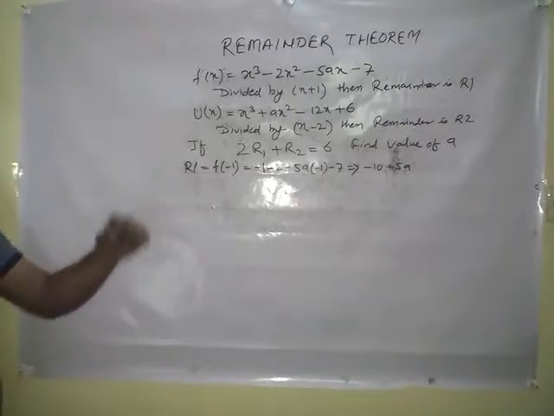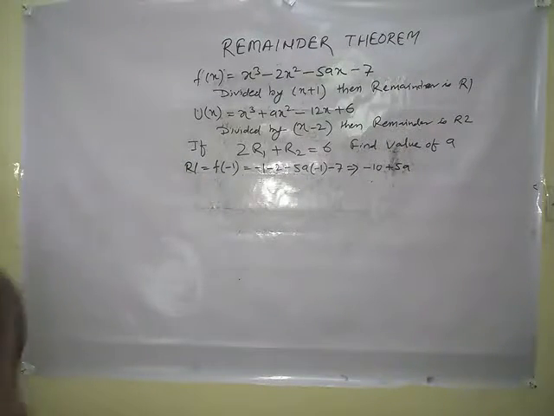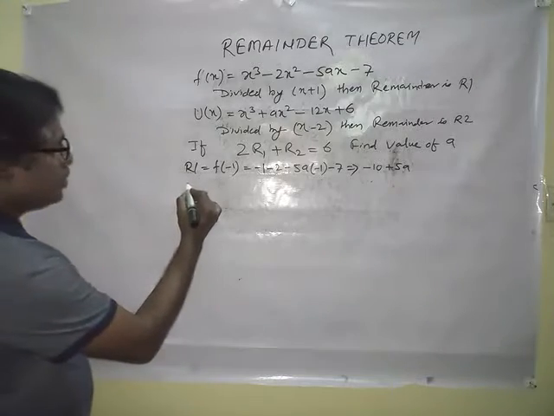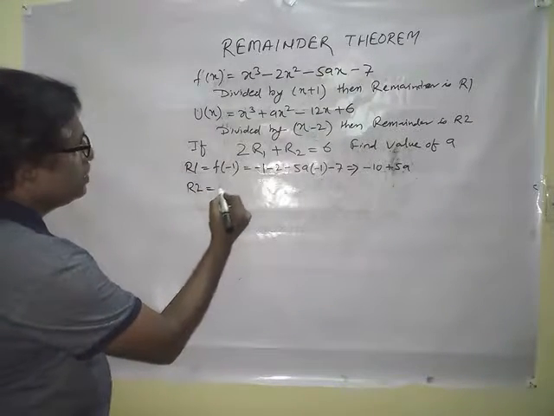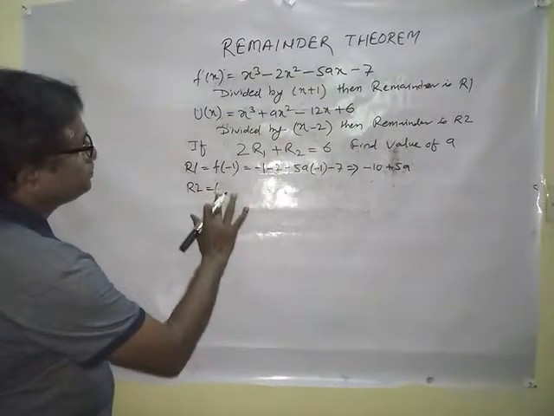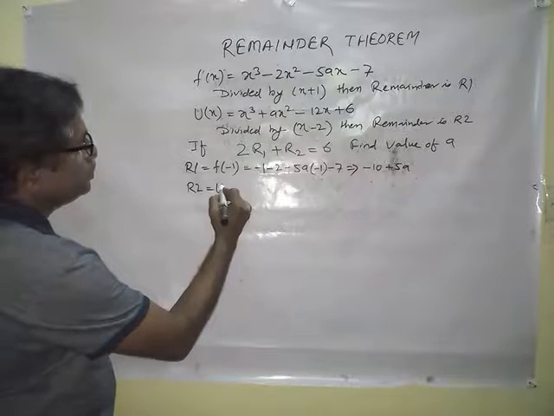So this is one equation. You get a value of r1. Now the value of r2 is equal to u.